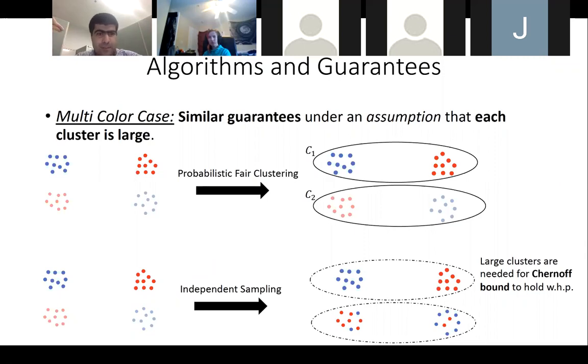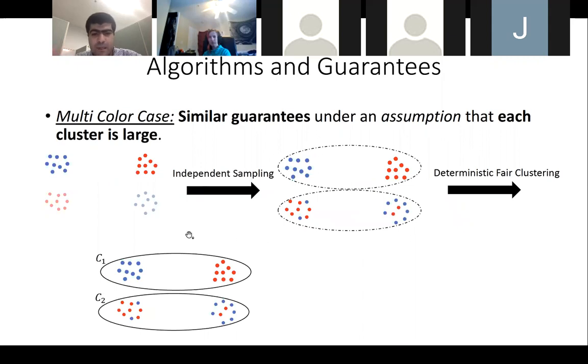So if it's PJ red, it becomes red with probability PJ red, and becomes blue with probability PJ blue. Now, if you do independent sampling, then you can use the Chernoff bound, which tells you that the deterministic assignment you get from independent sampling will be concentrated around the expected value.